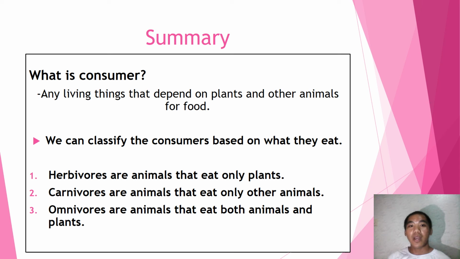They can eat other animals like a worm. They can also eat corn or other kinds of plants. Those are the three classifications of consumers based on what they eat. Again, we have herbivores, second, carnivores, and the last one, omnivores.